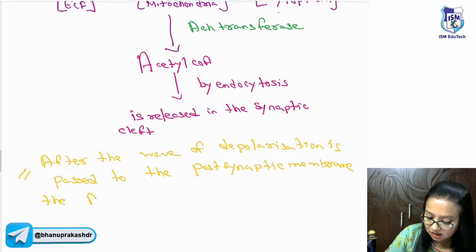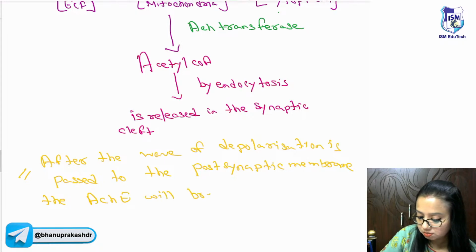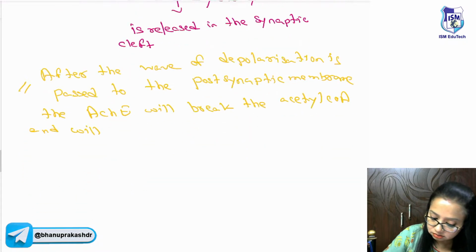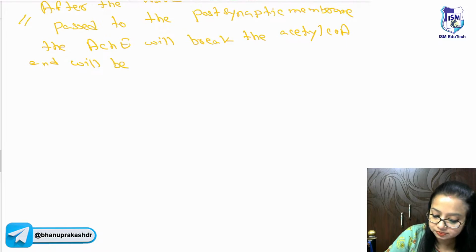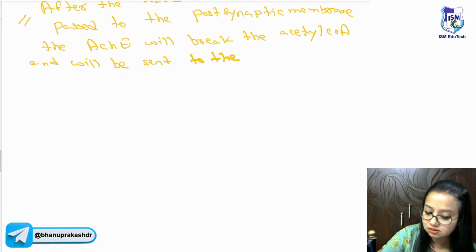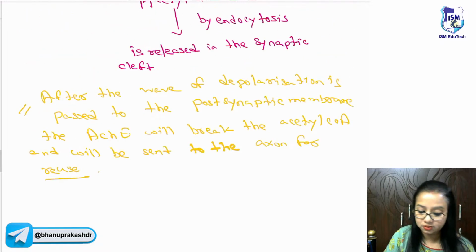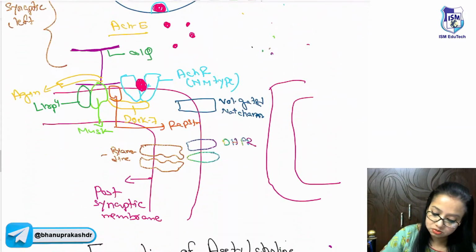The acetylcholinesterase will break the acetyl-CoA, and it will be sent to the axon for reuse. Okay, now going to the diagram.